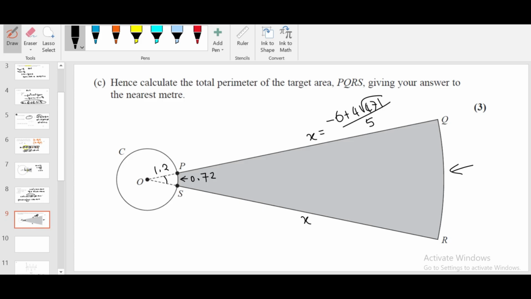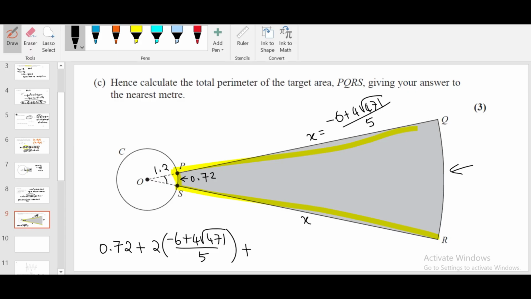Okay, so that's how we find the perimeter. Now the perimeter is this little length and X plus X. So it's basically 0.72 plus 2 times X. So 2 times minus 6 plus 4 root of 471 over 5, plus this arc length.